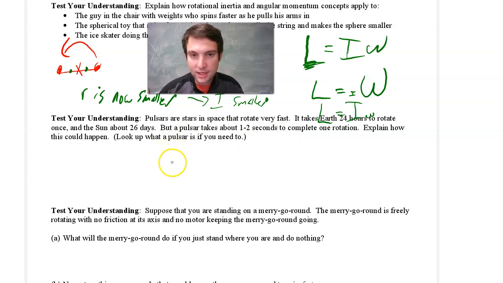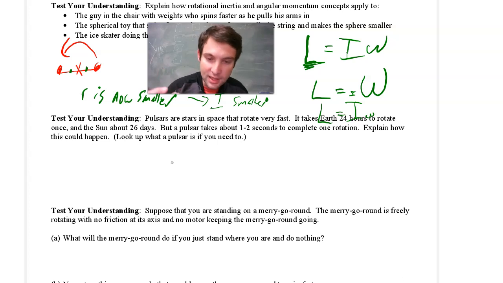So a pulsar is a star that was rotating once every 30 days or so, and it collapsed because it was no longer fusing. So there's no longer an outward pressure that was fighting gravity. So it collapsed, it condensed, all of the mass got smaller. So the diameter becomes about 20 miles wide.